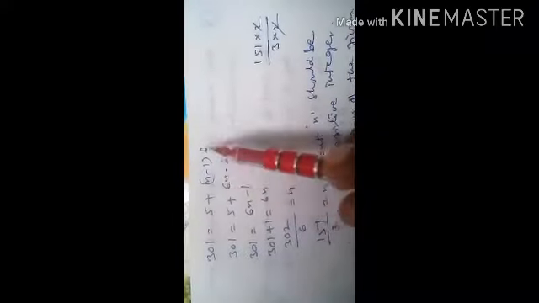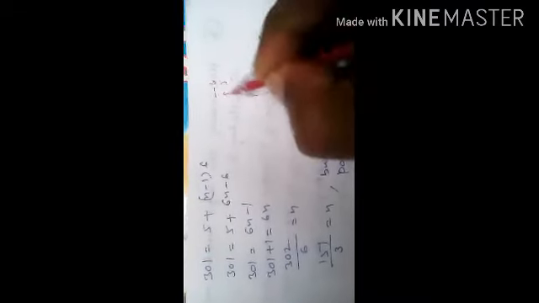So 301 is equal to 5 plus 6 into n, 6n, 6 into 1 minus 1, minus 6. So minus 6 plus 5 will give minus 1. So 301 is equal to 6n minus 1. Sending minus 1 to the left hand side, we'll get 302 by 6.